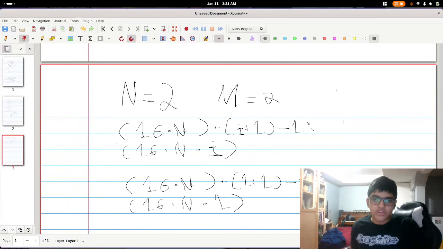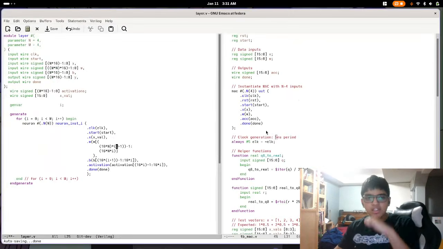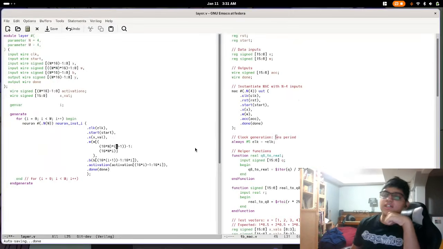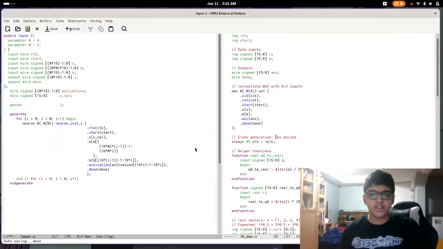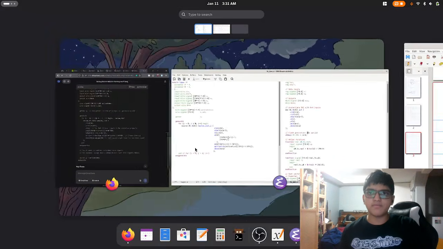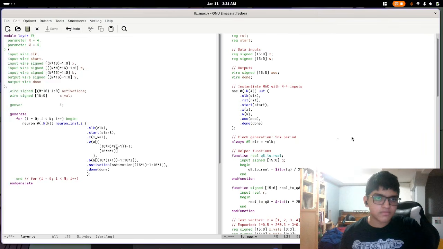So if we've done this correctly, then the difference between these two values should be, I think, just 16 bits.